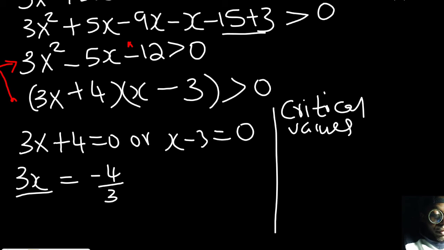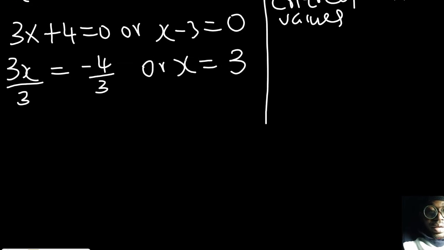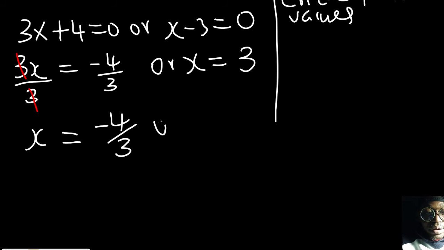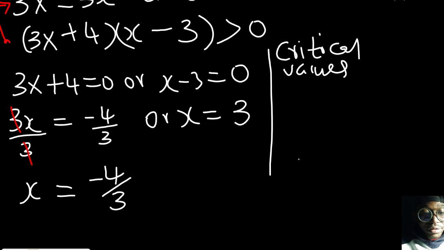We divide all of this by 3, or x is equal to 3. We're going to divide that 3 with that 3, and the answer is equal to negative 4 over 3. So these are the critical values.